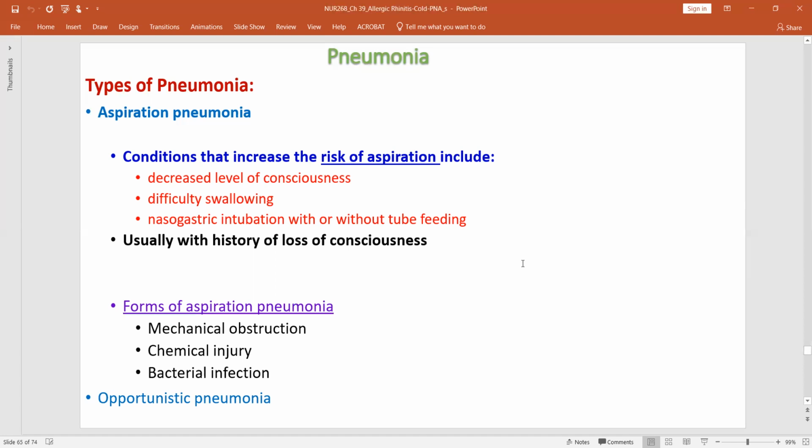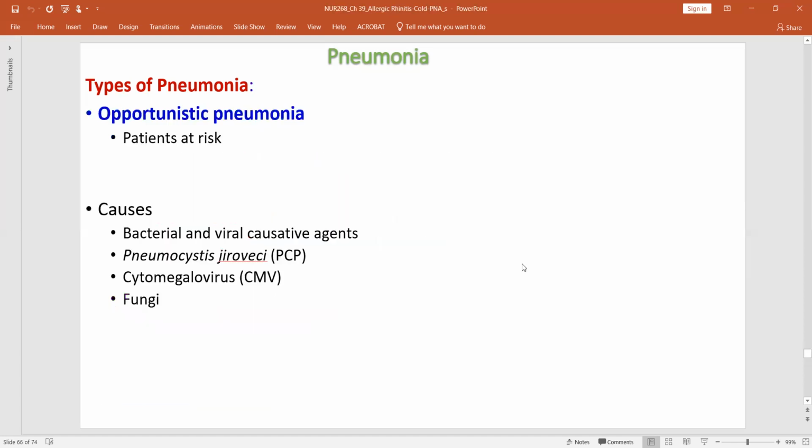And then the last one is opportunistic pneumonia, which we explained briefly in class. Patients at risk are those who are severely malnourished, with severe protein calorie malnutrition, and those with immune deficiencies like HIV/AIDS. Patients on chemotherapy and radiation therapy will be at risk for opportunistic pneumonia.